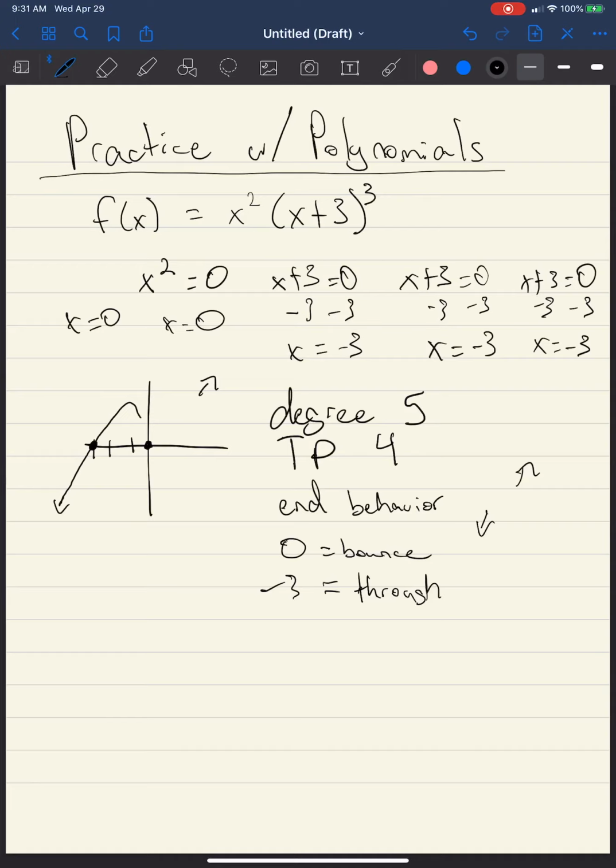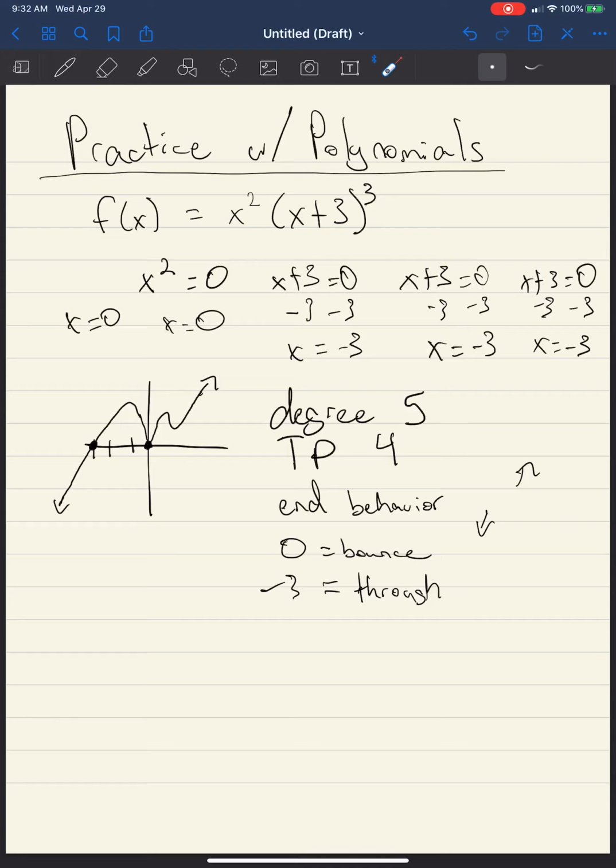So 1, 2, 3, 4. I went through negative 3, went up, had turning point 1, turning point 2, and we said it's going to bounce at 0, so I turn it right back around, and then 3, 4, and then it goes up.